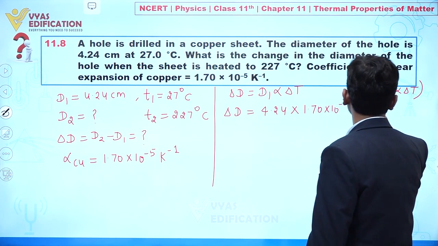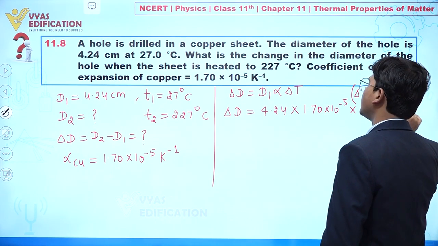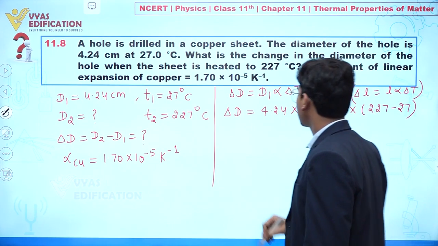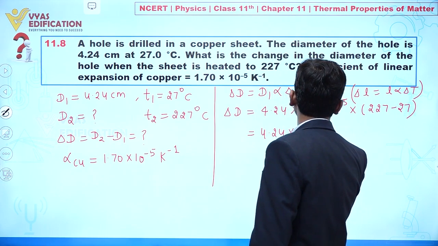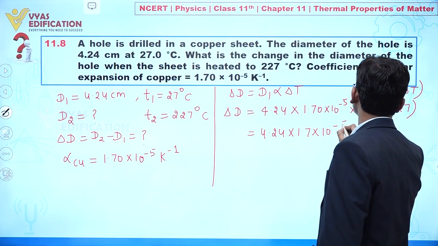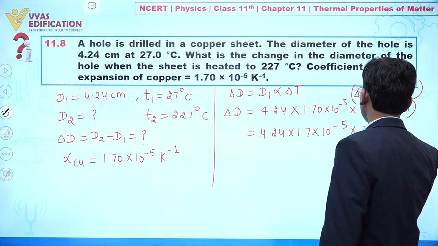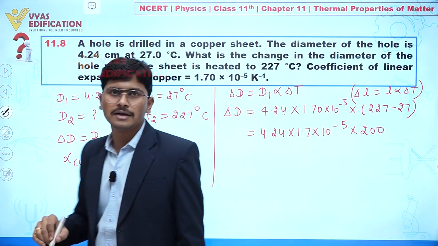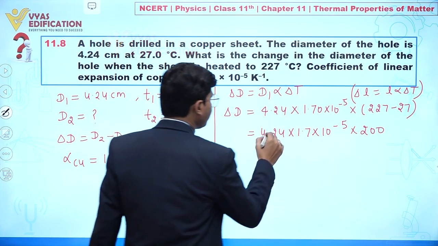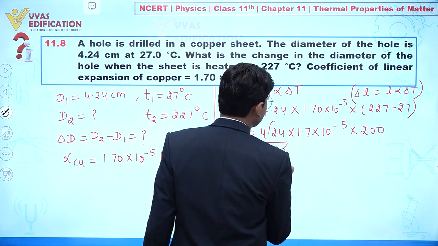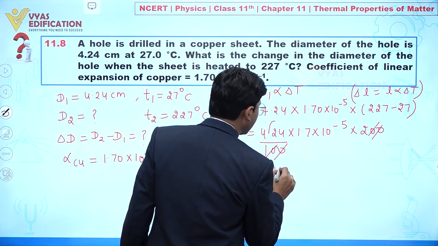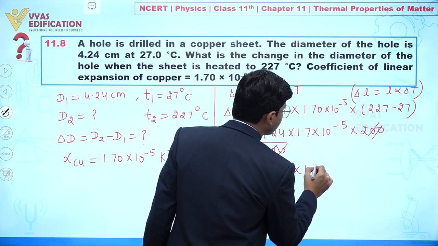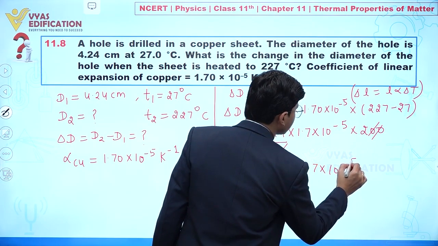Delta T is given as 227 minus 27, so this is 4.24 into 1.7 into 10 to the power minus 5 into 200. If you cancel the 100, we get 848 into 1.7 into 10 to the power minus 5.